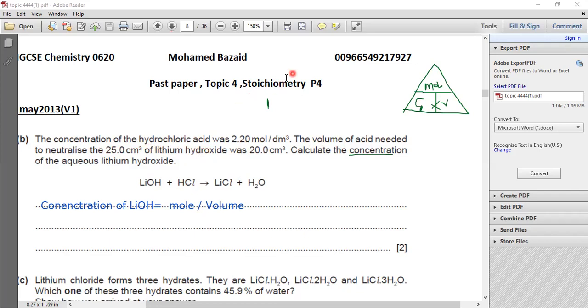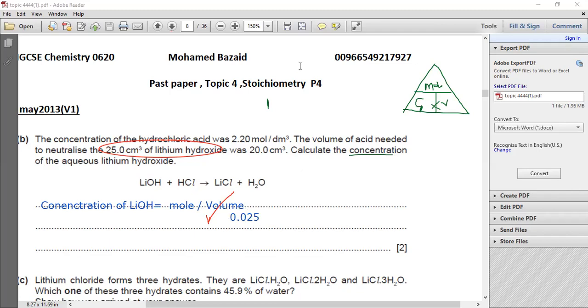So this is the volume of lithium hydroxide. So the volume is known. And as you said, I will divide 25 by 1000. It will be what, Abdullah? 0.025. This is the volume.